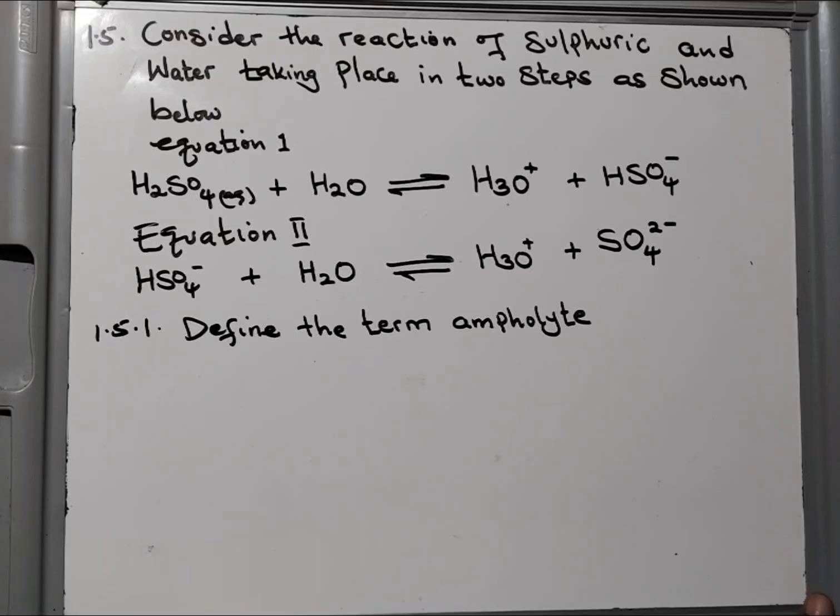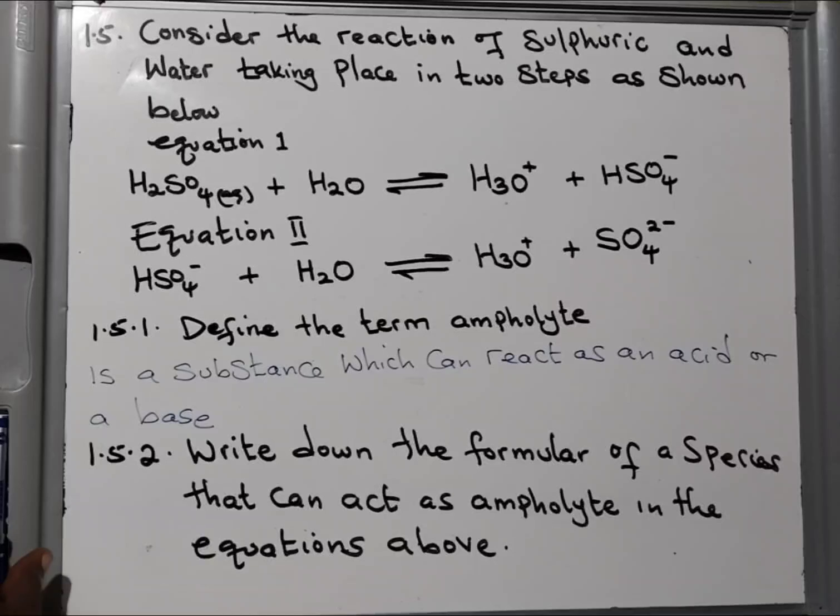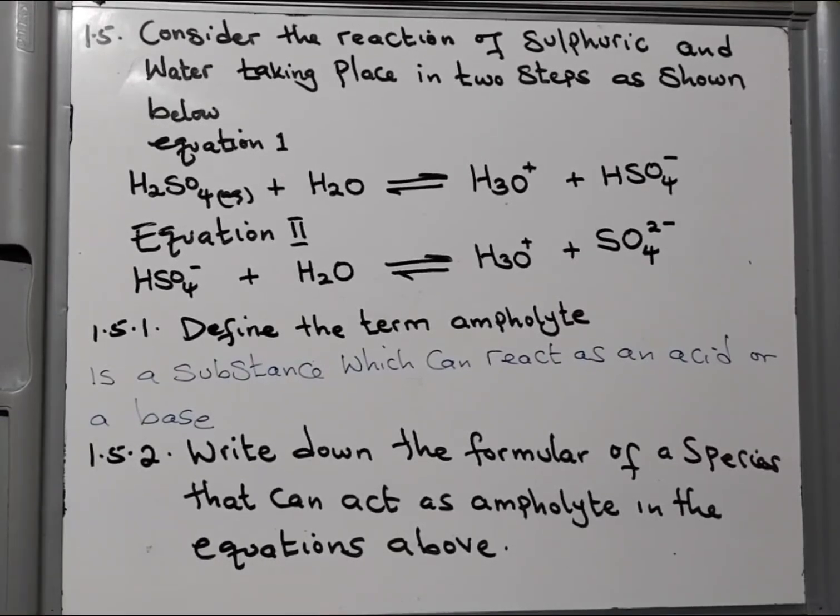That's what we call ampholyte. Okay, after that, then comes question 1.5.2. The question says, write down the formula of a species that can act as ampholyte in the equations above.